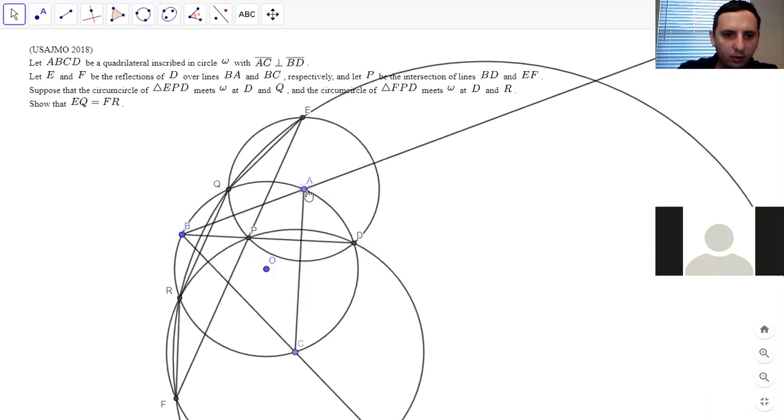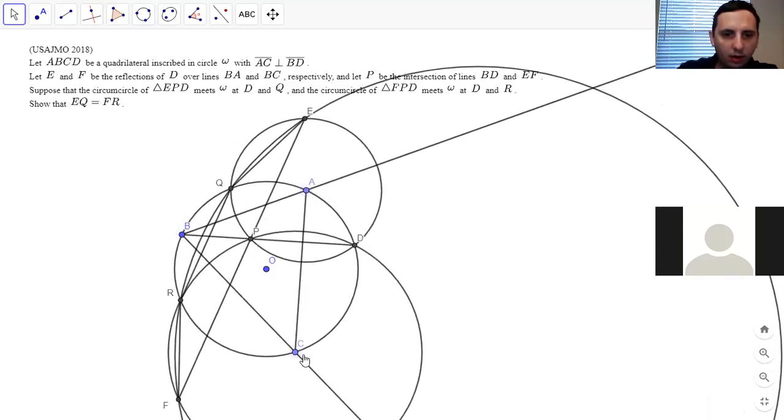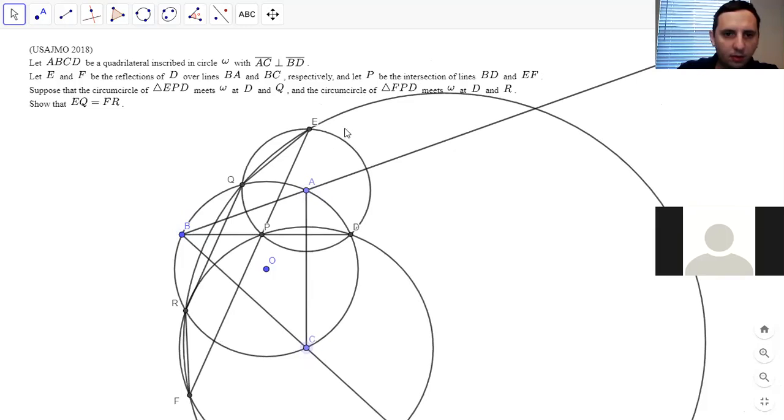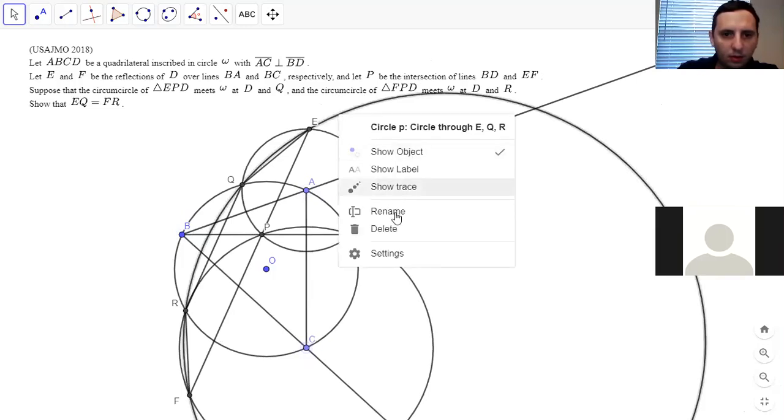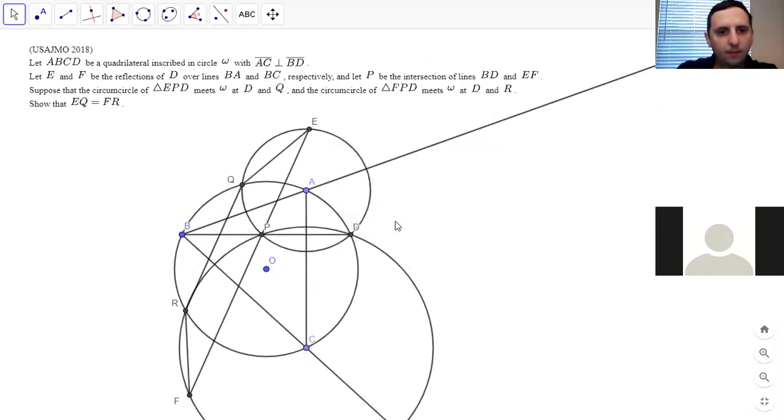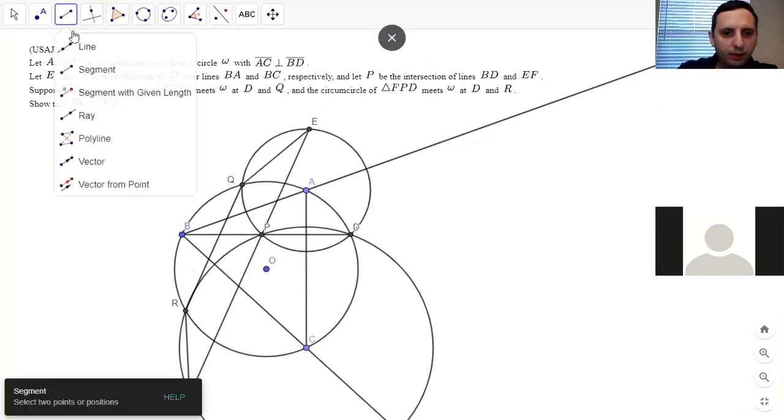Interesting. Okay. So can we show QR is parallel to EF? Let me draw DE and DF.